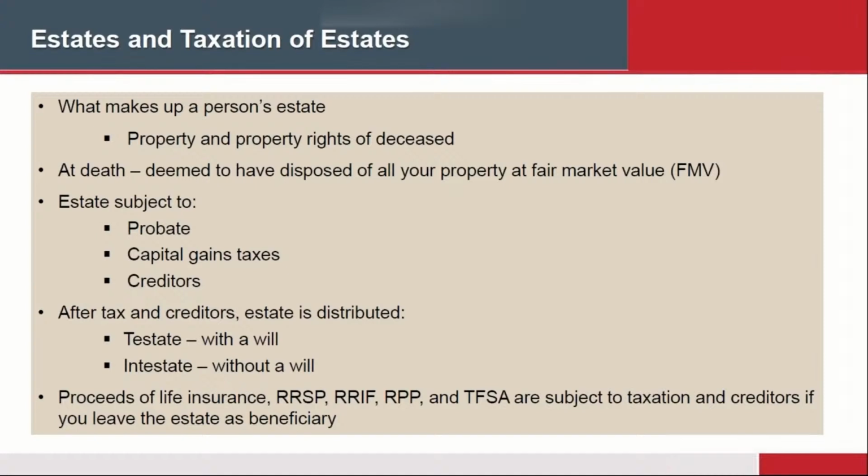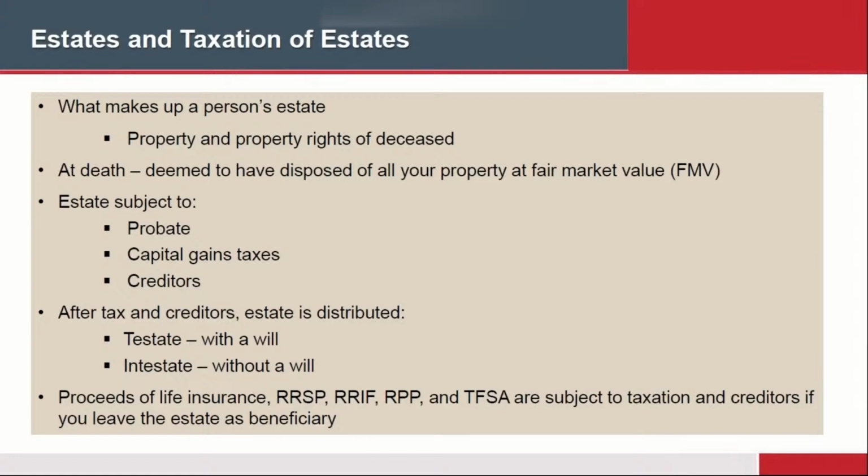So what makes up the person's estate is property and property rights of the deceased. In other words, it's got your name on it, you own it, so therefore it's part of your estate. And as I said before, at death, you are deemed to have disposed of all your property at fair market value, whatever that fair market value happens to be.